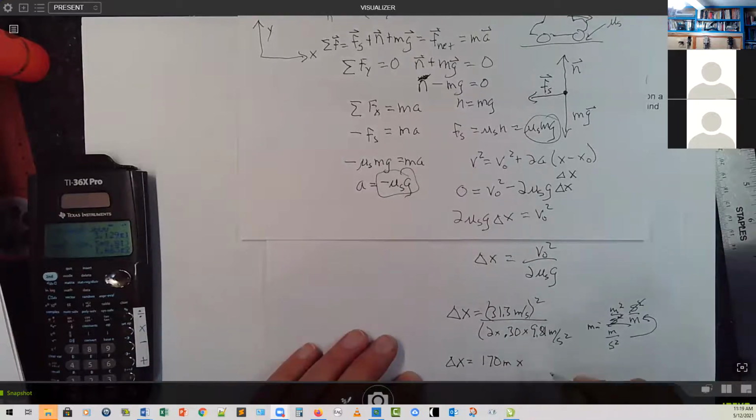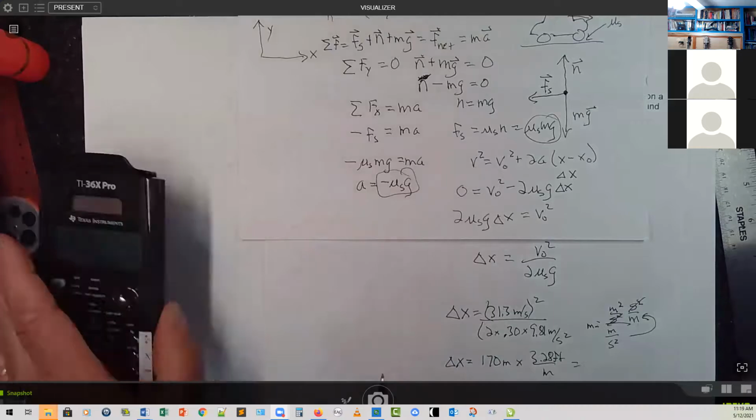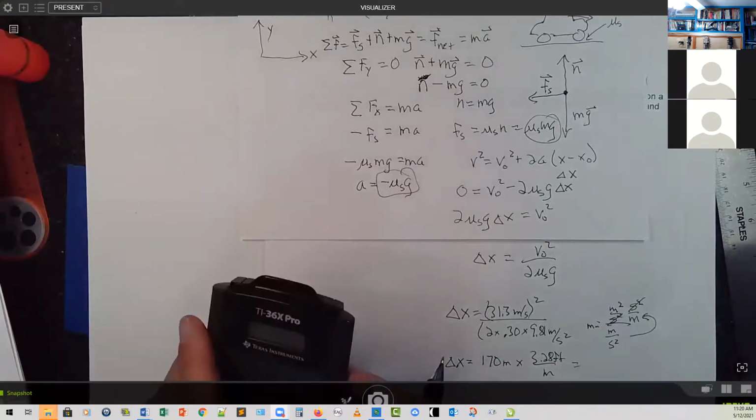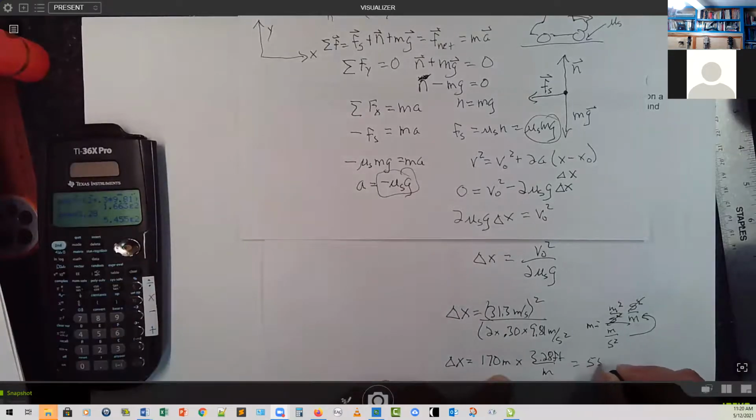And if you multiply that by 3.28 feet per meter, just to figure something out here, you get about 550 feet. That's a long ways. That's almost 2 football fields long.